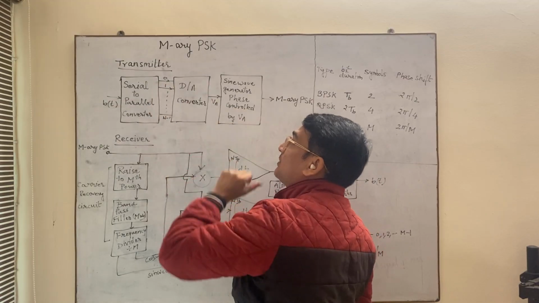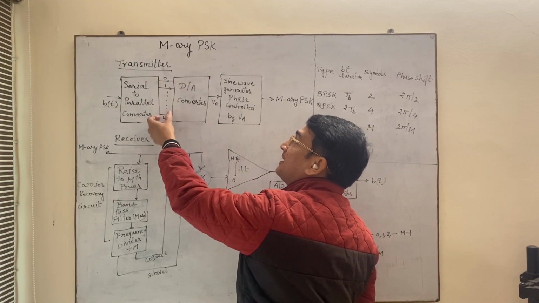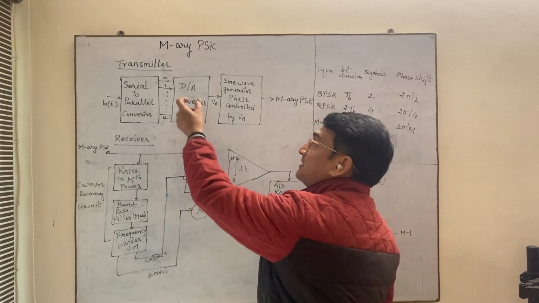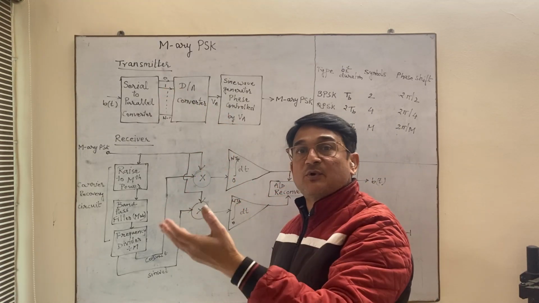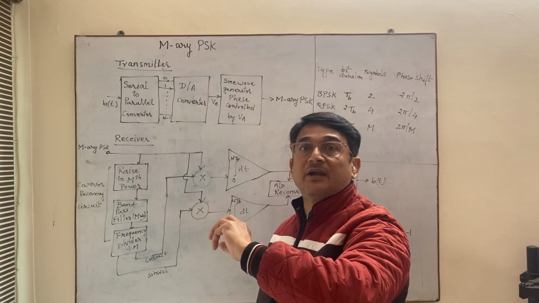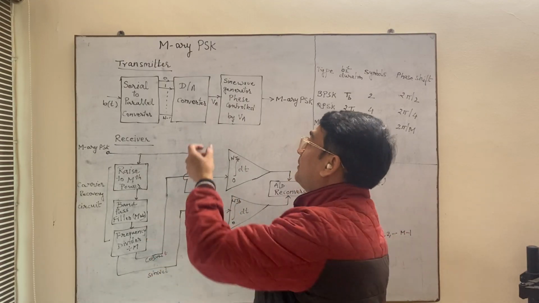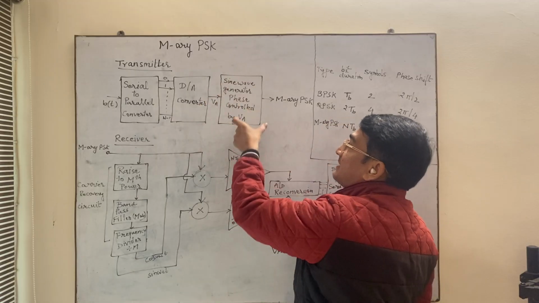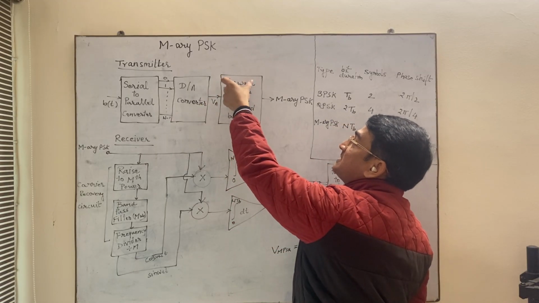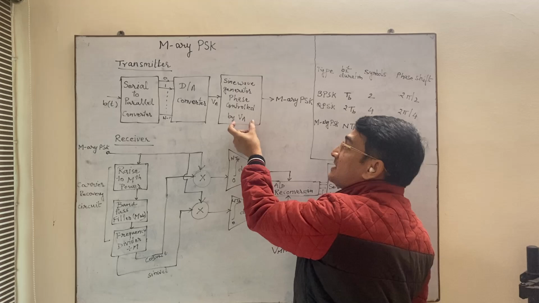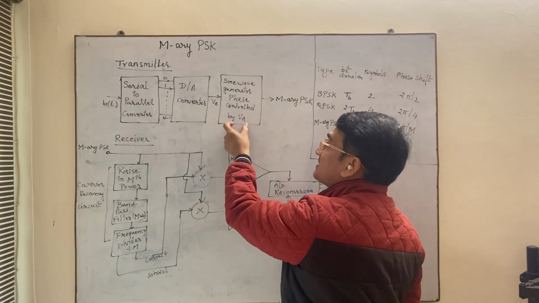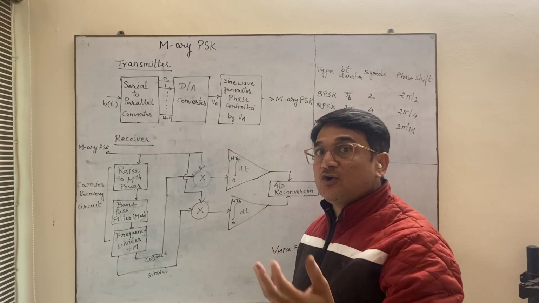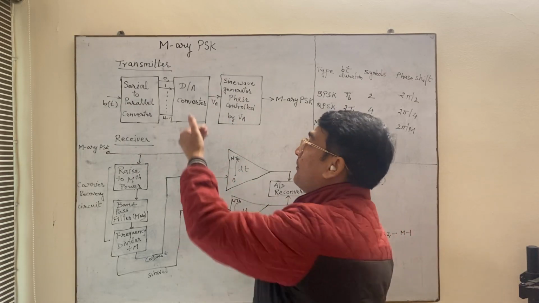Then this D2A converter will convert this digital data into its corresponding analog signal. Like 000 will be converted into its corresponding analog signal, 001 will have its corresponding analog signal. And then corresponding to this VA, a sine wave will be generated, which is nothing but a phase controlled sine wave. This phase control is on the basis of this VA. Obviously the value of VA will be different for all the different combinations.